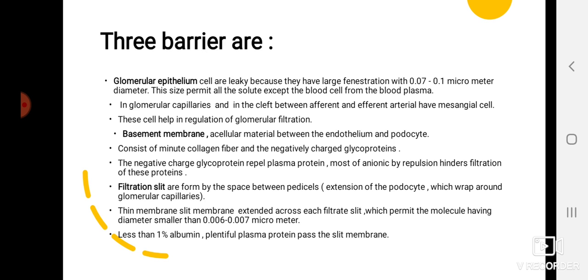So the filtration slits are formed by the space between the pedicels, and pedicels are the extensions of the podocyte. This extension has a foot-like shape.